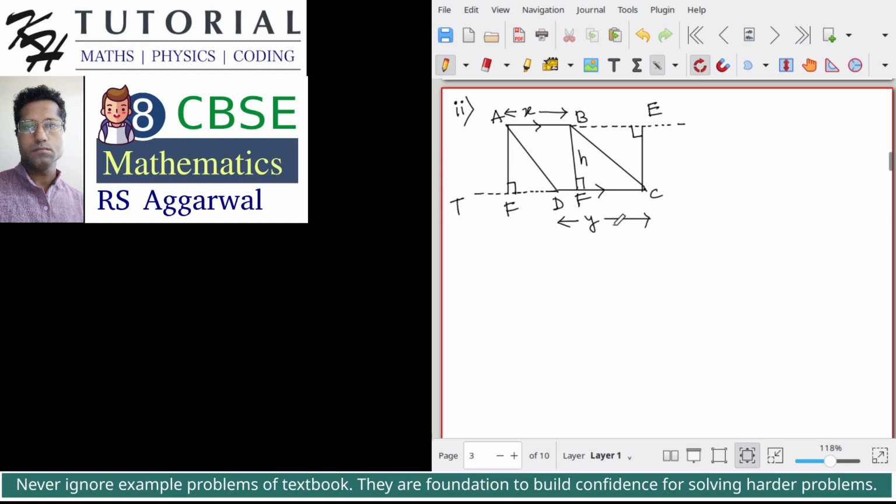Okay, now since AF is perpendicular to DC and CE is perpendicular to AB, AECF is a rectangle.